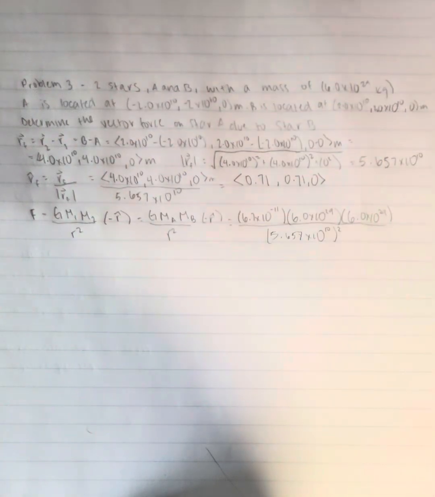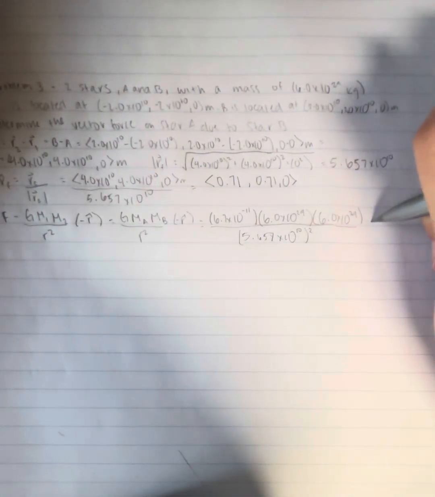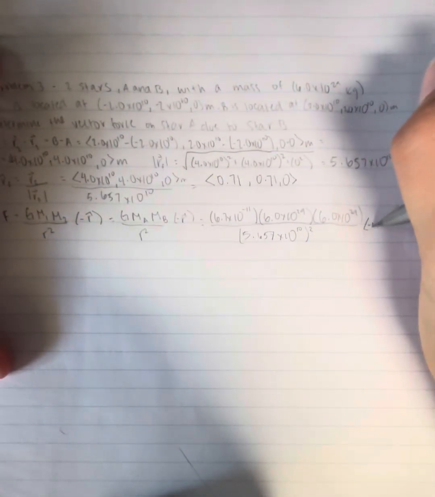And then you have to multiply by r hat, which is negative. So you can just distribute the negative. So it would be negative 0.71, negative 0.71, and 0.